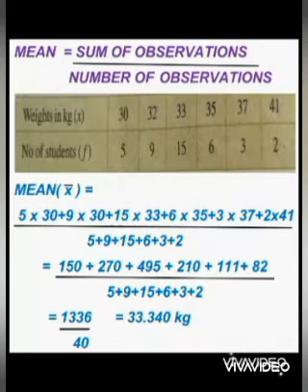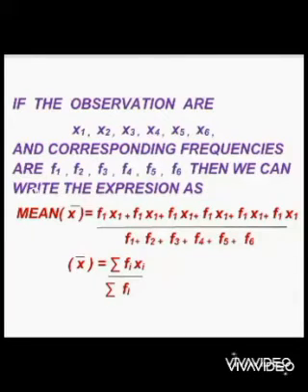So what you are getting here, children, is mean equal to, if you add all that, 1336 by 40. Let us cancel this, children. If you cancel this, you will get 33.4 kgs. This is how you will find the mean.